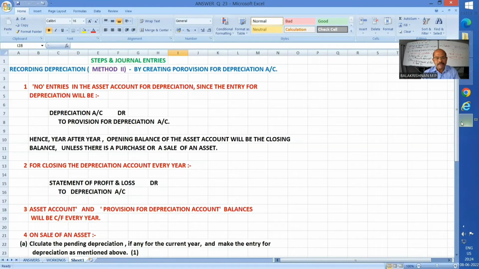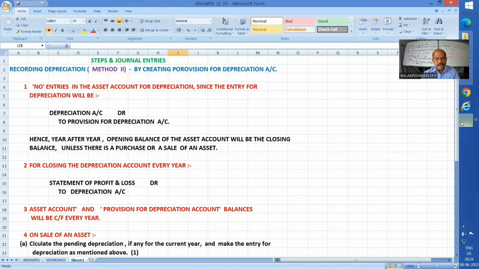Well, students, before I proceed with the worked out answer explanation, let me equip you with certain steps and journal entries, rather the complete steps and journal entries in respect of recording depreciation method 2, that is by creating provision for depreciation account. 1.